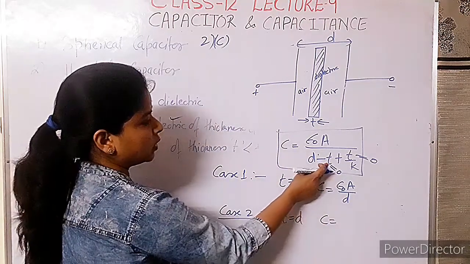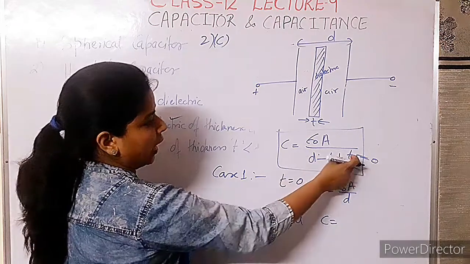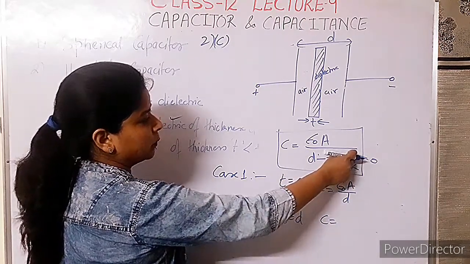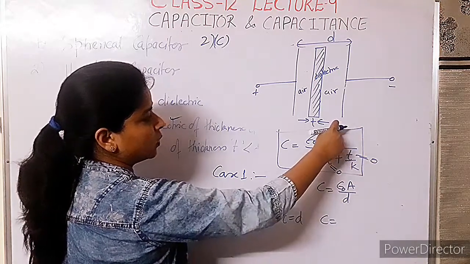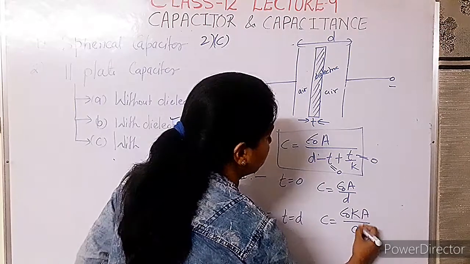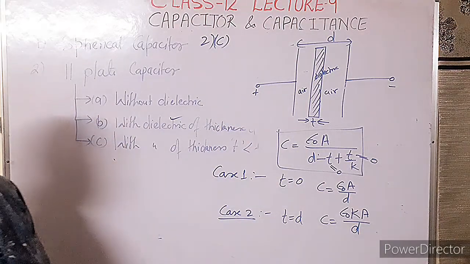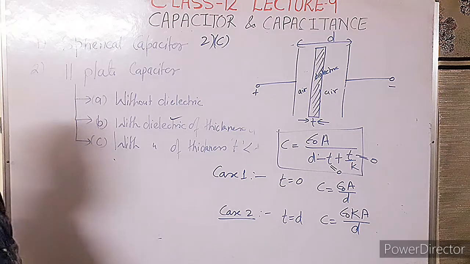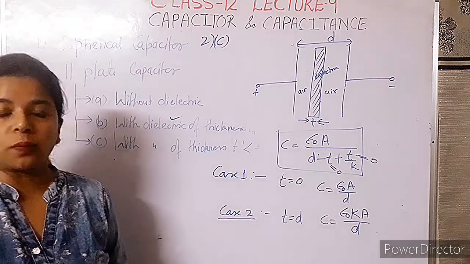If you place D here, D minus D will cancel each other, and in place of T we put D, so epsilon naught A divided by D by K. K will go in the numerator and we get the result epsilon naught K A divided by D. So this was the second case which we have solved earlier. These are the two cases we can consider, and this is the overall capacitor and capacitance topic.